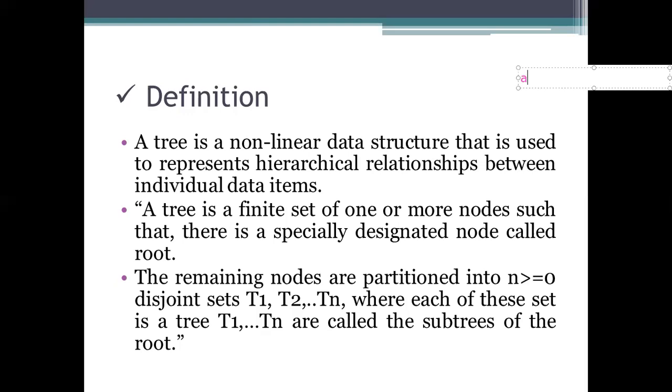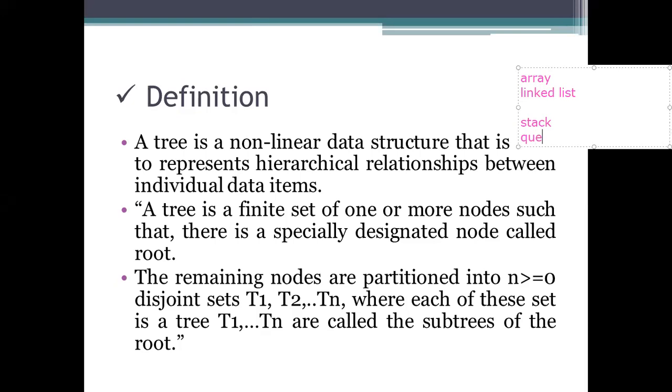We discussed arrays and linked lists, and also we have seen stacks and queues.